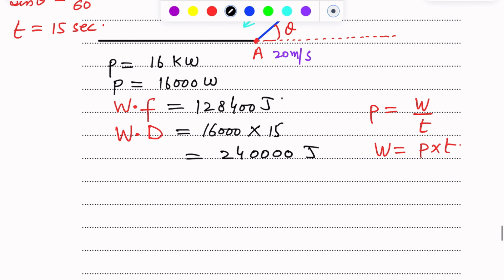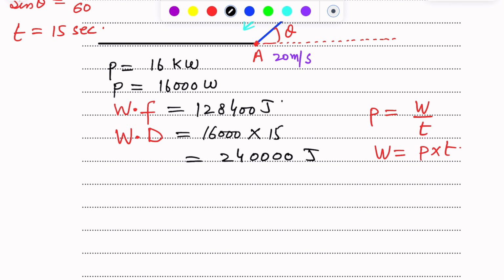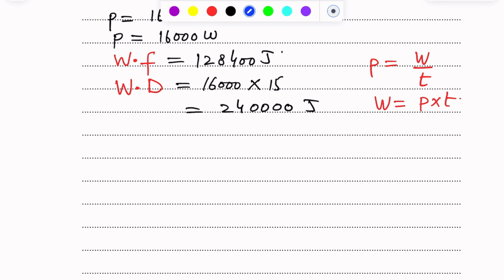Now we will use here the work energy relation, or we can say the work energy method. We will use these two works and energies here. This is a very important formula. Work done by driving force will be equal to work against friction plus change in mechanical energy.